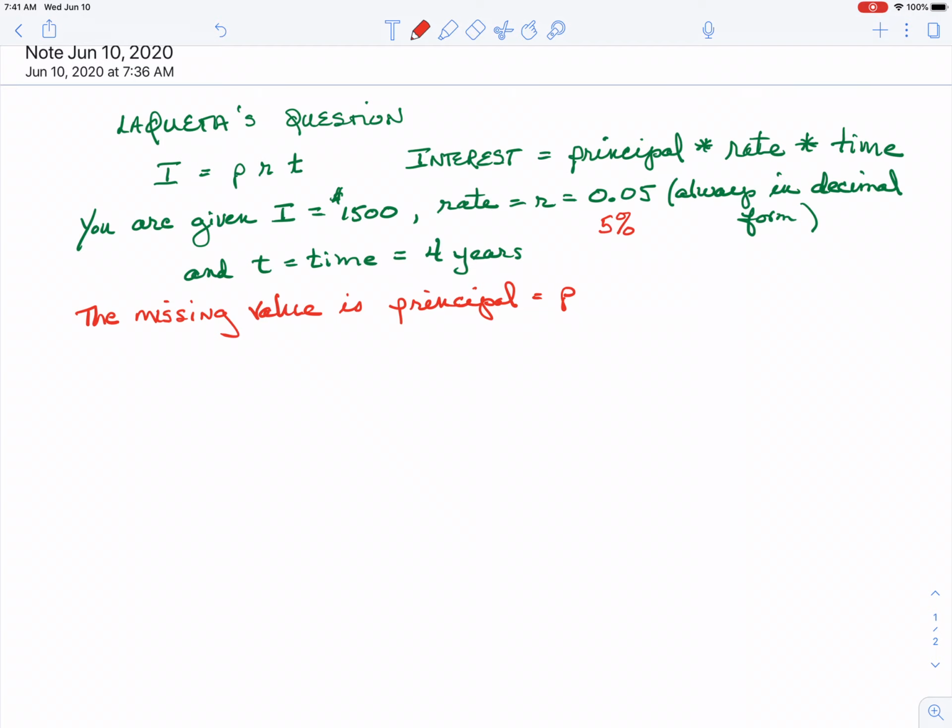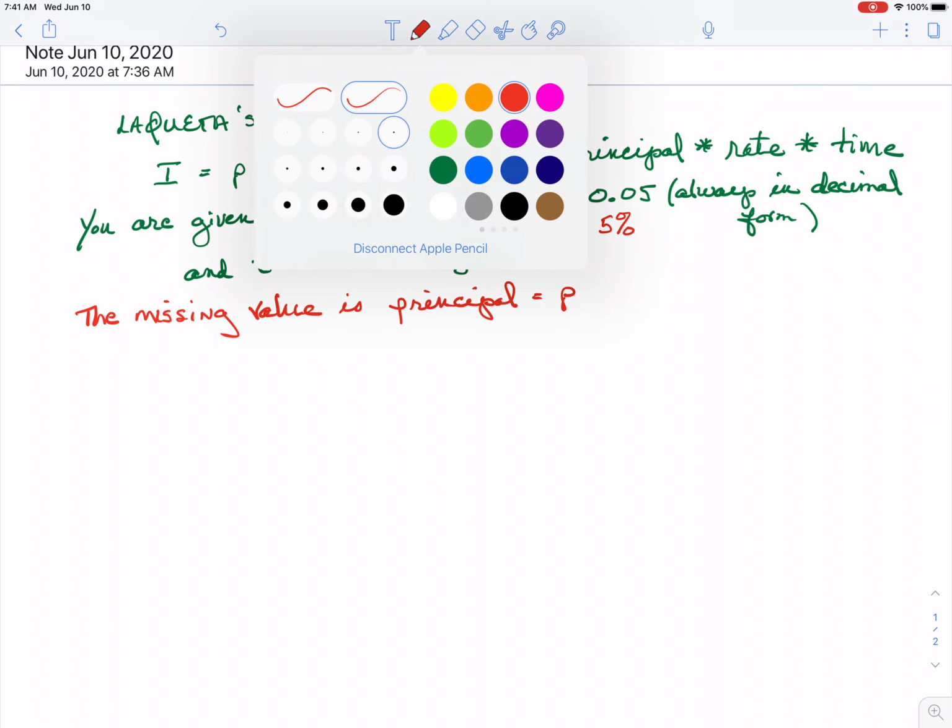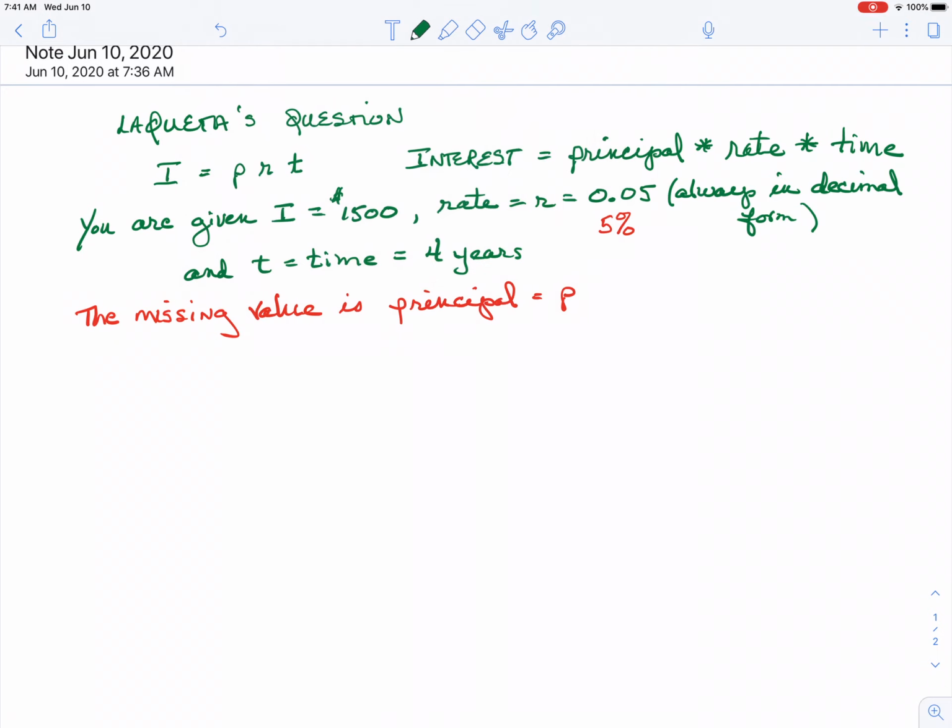So what I'm going to do, I think your problem was a two-step problem. It asked you to solve for the missing value, which again in this case is P. So I'm going to take the formula. I'm going to remember that the connection between P, R, and T is a multiplication connection.